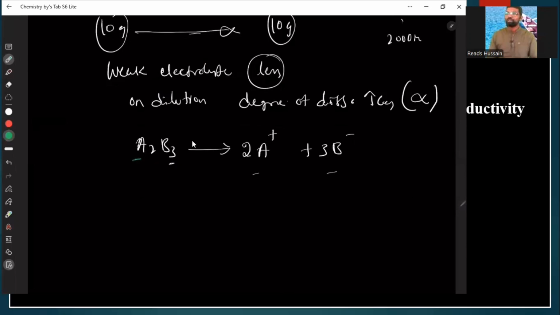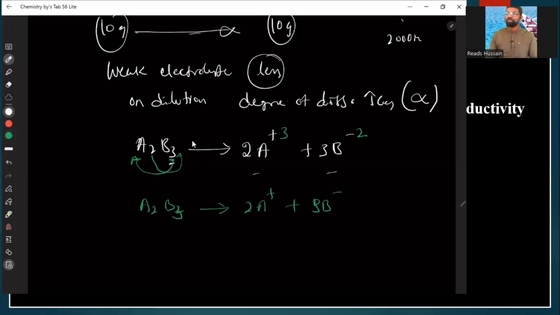Valency of A is the number in the subscript of B. This 3 is the valency of A. 2 is the valency of B. That means A plus 3, B minus 2. Be careful. Once again, A2B3 will dissociate like this: 2A plus, 3B minus.